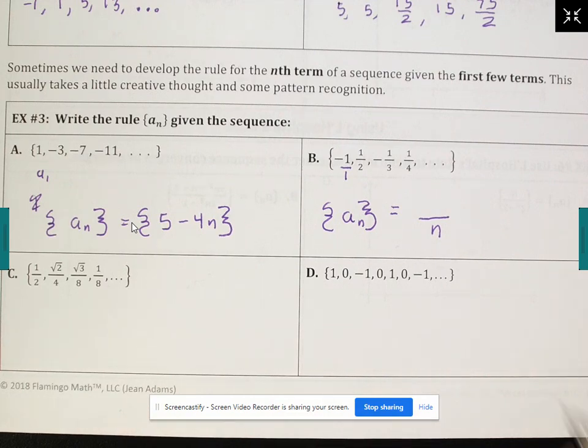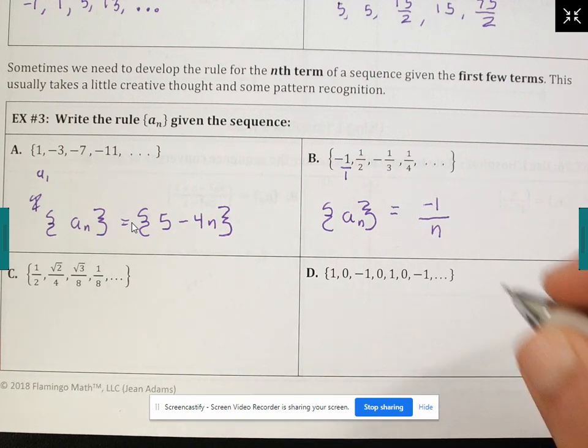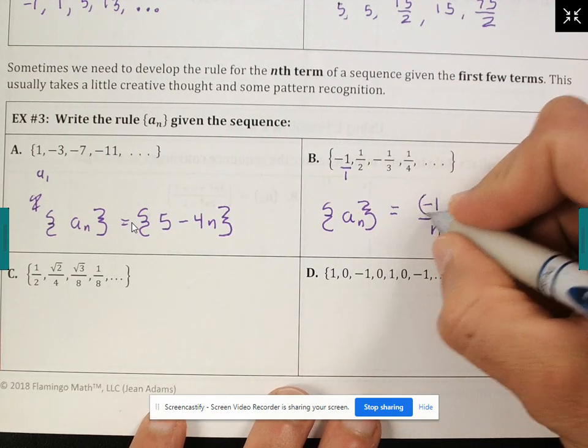Now, I got a -1 the first time, so I know I need to have a -1 at the beginning, right? But on the second integer, I have a positive, and then a negative, and then a positive. So how would I write that? What do you think? How does the negative work? Well, for the first one, that would work, but I need to find a way that all I need to do is plug an n into it. So I'm going to write it, unless somebody's going to tell me right now.